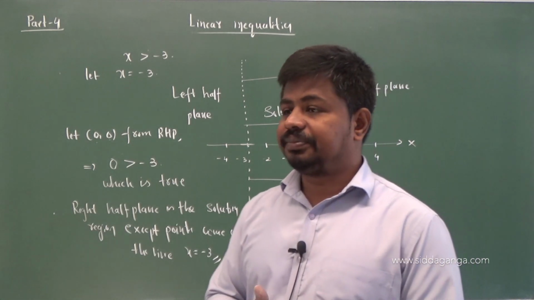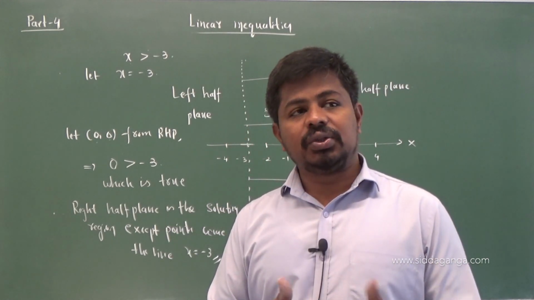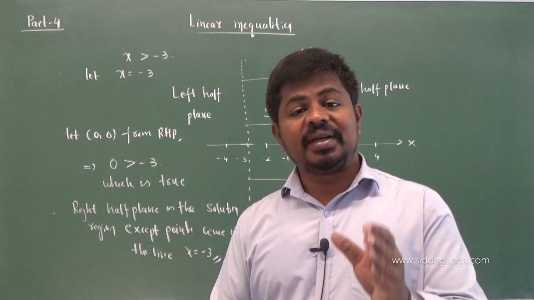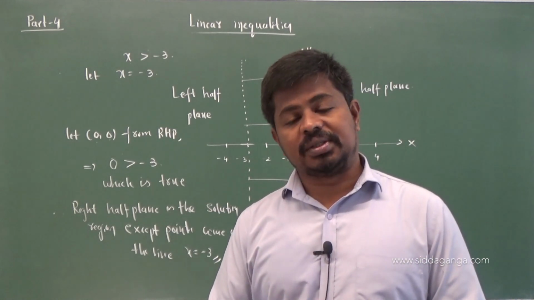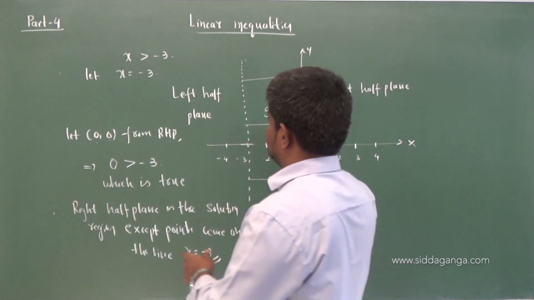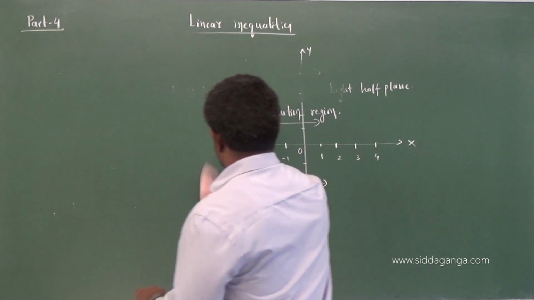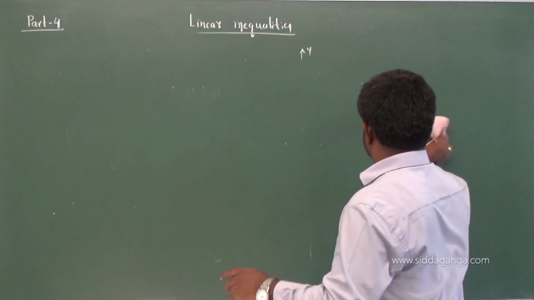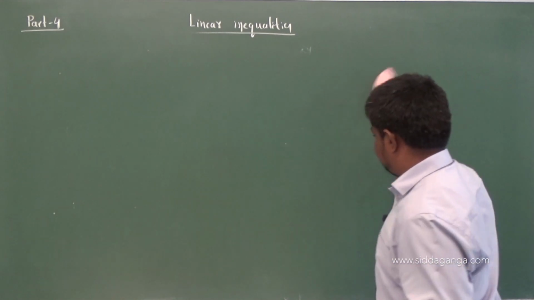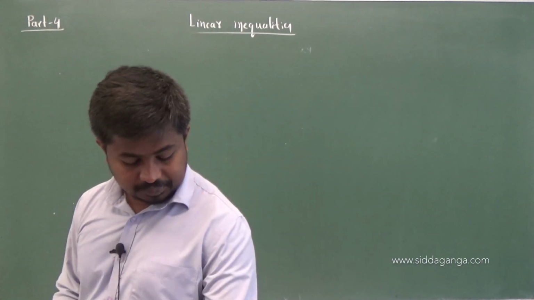In this case there may be 2 or 3 inequalities. For all of them you have to find the solution region. Then the common region for all of them becomes the solution region. Let us solve an example, and you will understand clearly when you solve a system of inequalities.